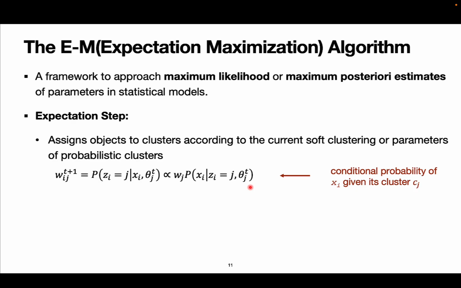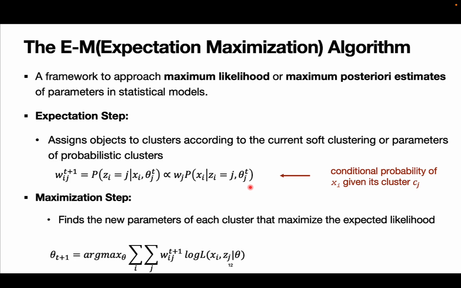The result of the E step is a soft membership of each data point in each cluster based on the current guesses. Next is the M step. Using these posterior probabilities, we update the model parameters by maximizing the likelihood or the log likelihood.